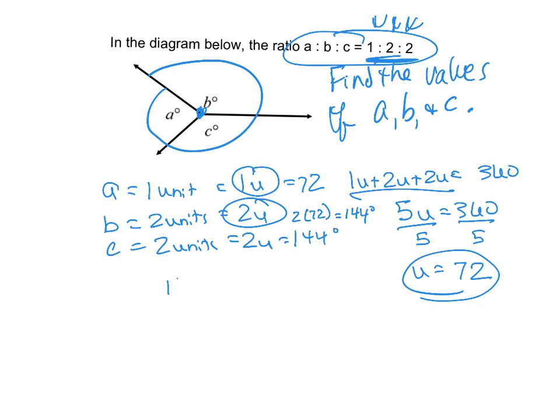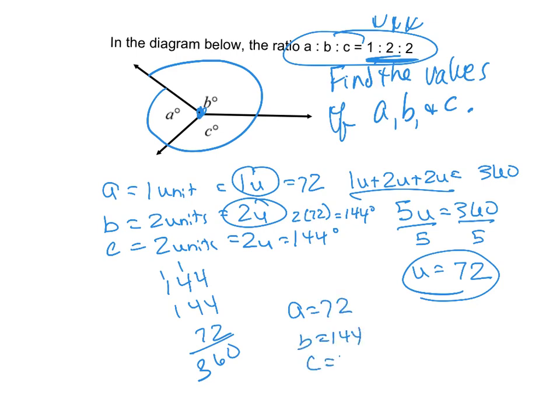So I'm going to check this one real quick. 144 plus 144 plus 72 is 360, so it checks. A equals 72, B equals 144, C equals 144. I'm writing it all together so that you can find it easily and I don't have to search all over your work for it.